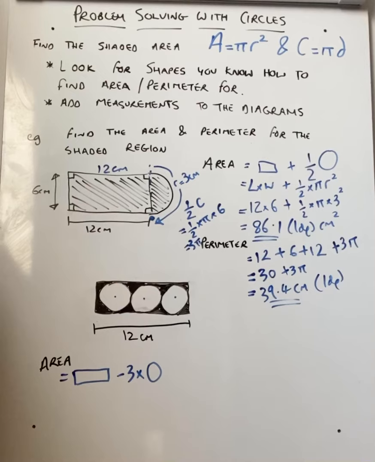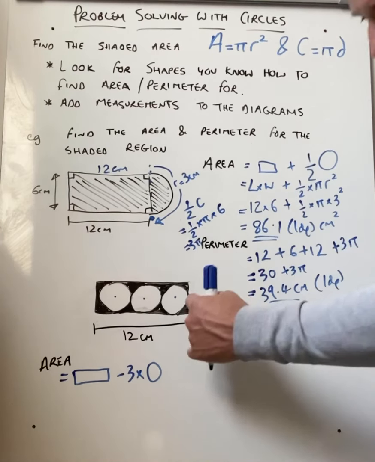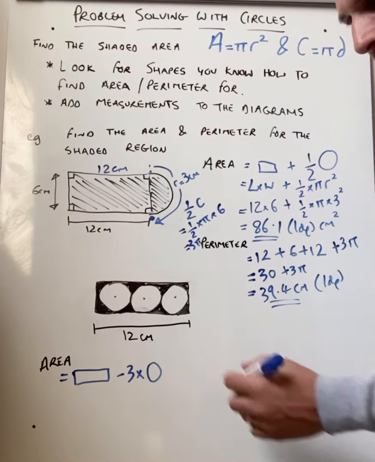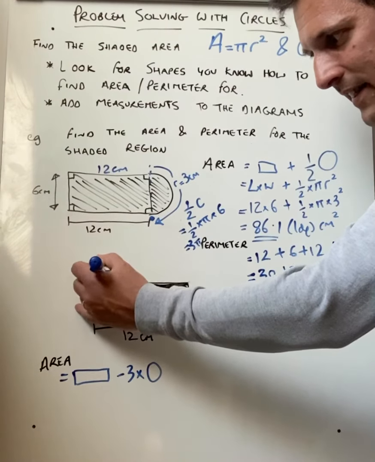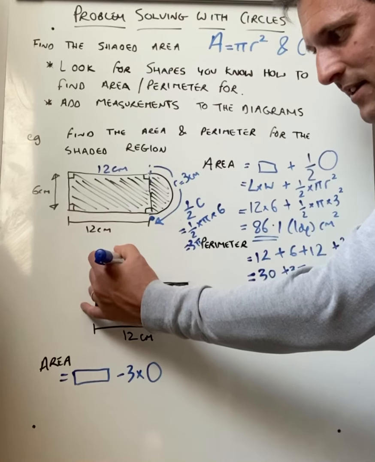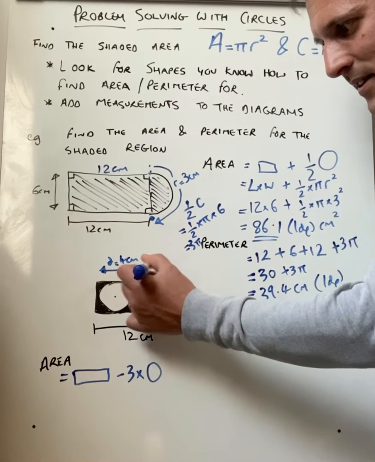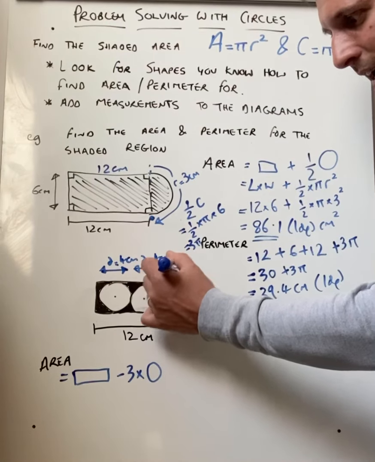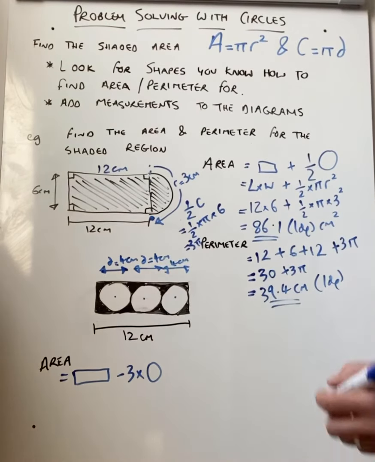So what we now need to do is think about how we can find some missing measurements. Now if you look, 3 circles of all equal size, so for me, I think that the diameter of each of these would be 4 centimetres. Diameter of 4, 8, and diameter again of 4 makes 12.